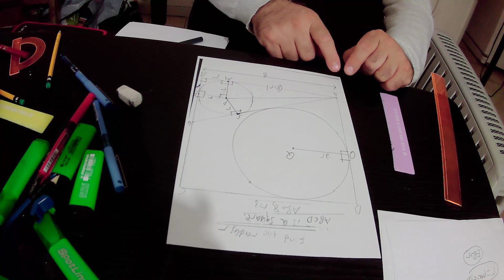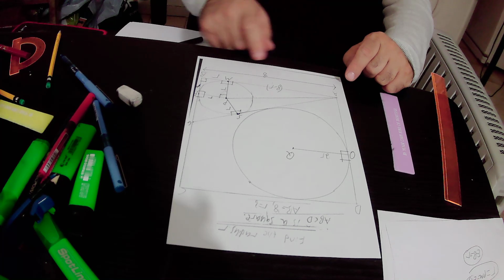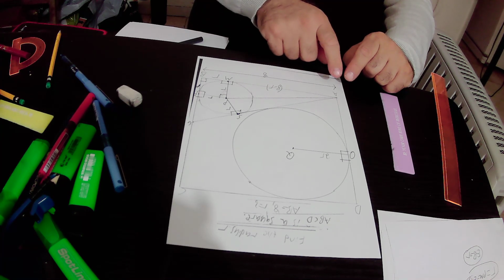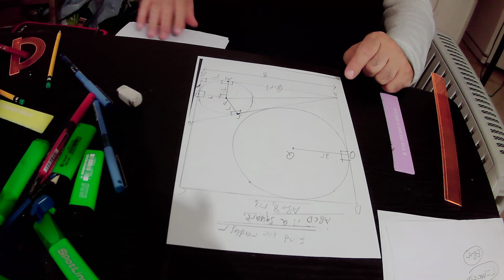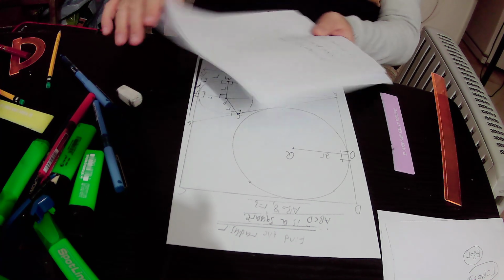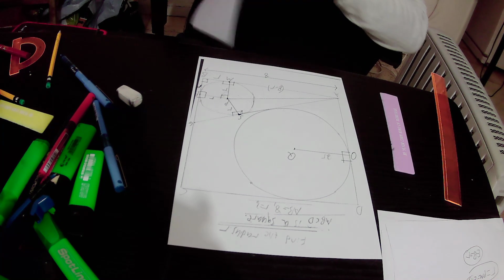That is to say, the length of the first tangent, AM, will be equal to the length of the second tangent, AS. That is to say, AM equals AS according to rule number 2.